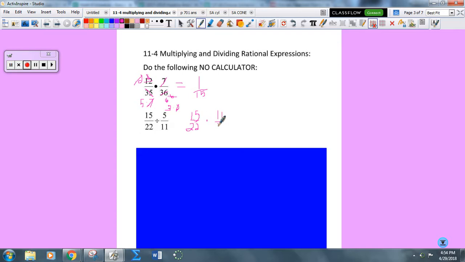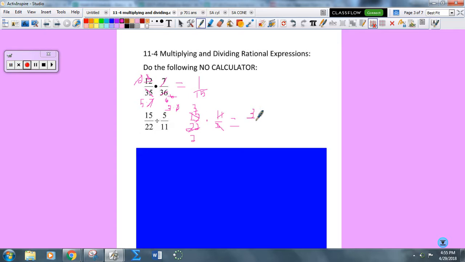Now when I flip that, I can then see that 5 goes into 15 3 times. What I'm doing in my head there is writing 15 as 5 times 3, dividing out the 5s. 11 goes into 22 twice, and again I'm writing 22 as 2 times 11, dividing out the 11s. And my answer is 3/2, or 1.5.